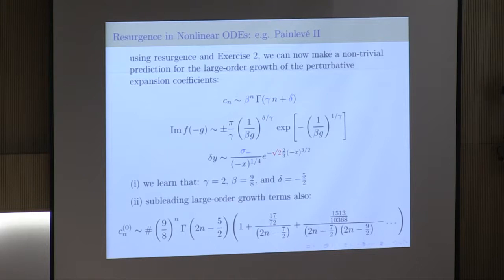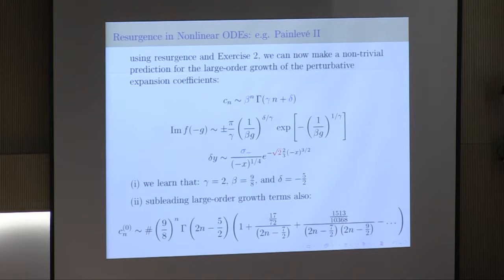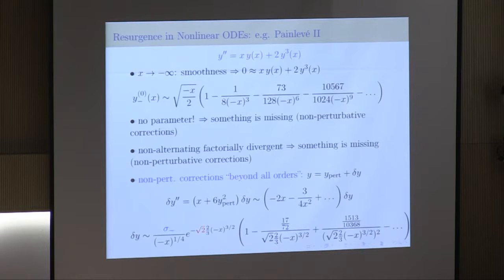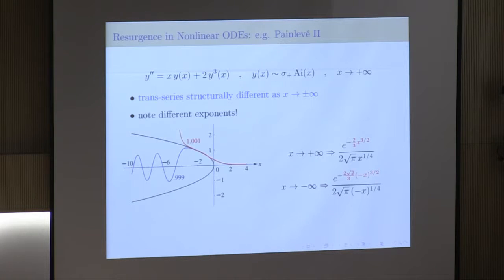Okay, the other interesting thing about this equation, now imagine we try to connect these two. We've decided that we have a Transseries at plus infinity, that's in powers like this with fluctuations.